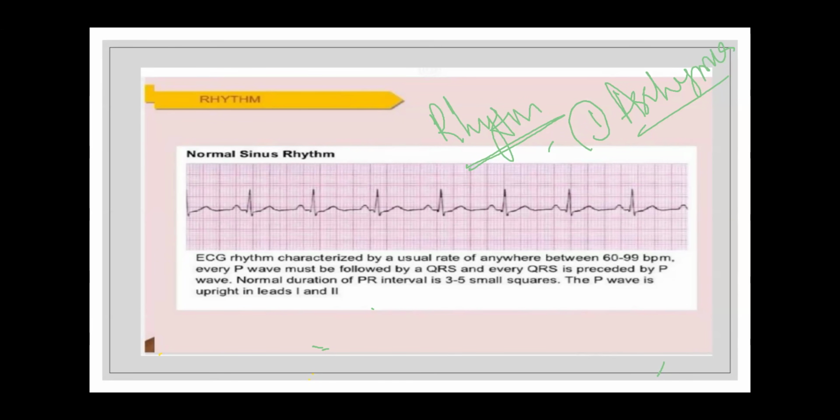There are two things in the rhythm. The first is whether this electrical activity is generated from the SA node or not, that is, whether it is sinus. Sinus means coming from the SA node. If it arises from the SA node, the QRS complex should be preceded by a P wave.